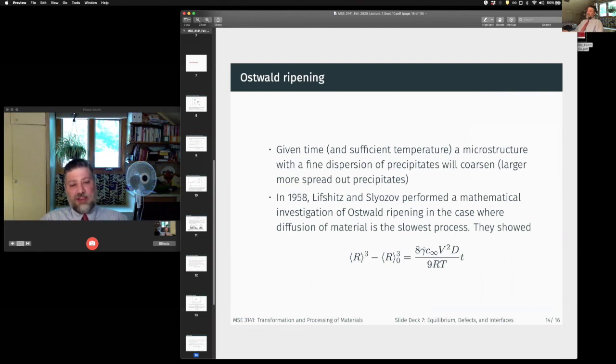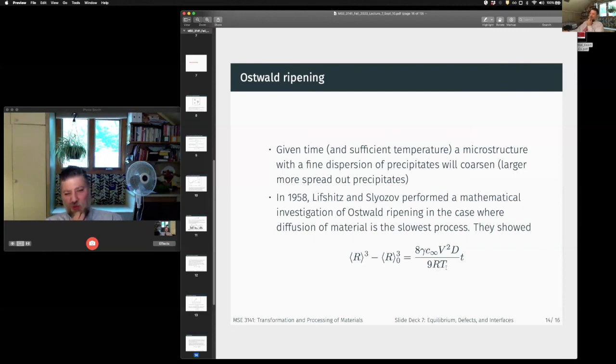And it basically shows that the rate at which this is going to occur is going to be proportional to the diffusivity, the molar volume, and the time, as well as the surface energy of the precipitate. And it's going to be inversely proportional to the temperature.